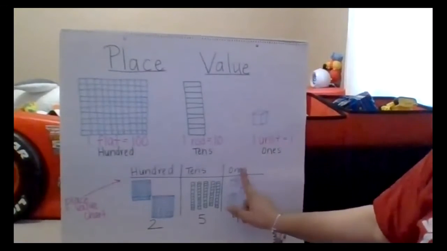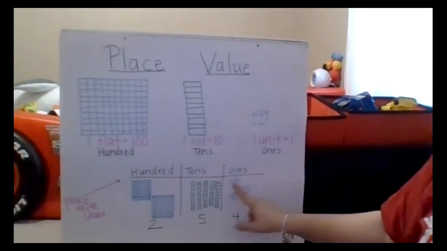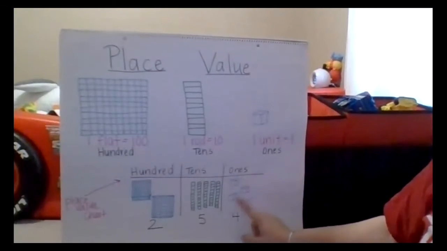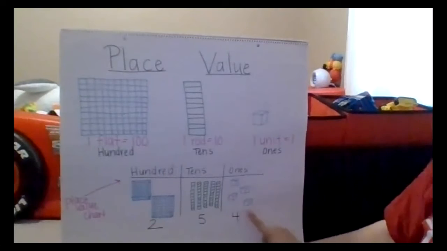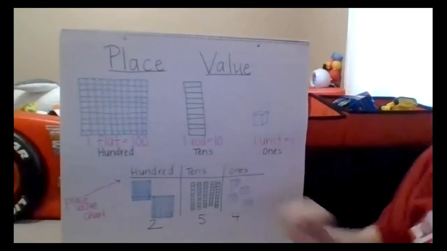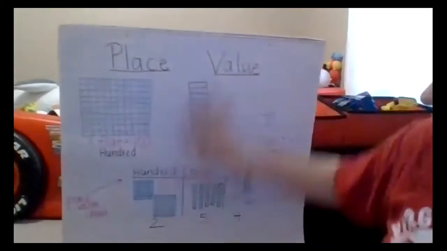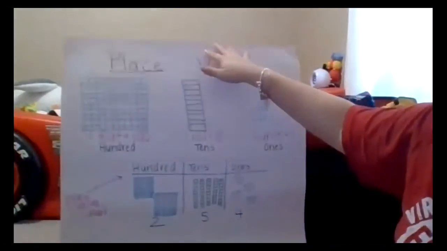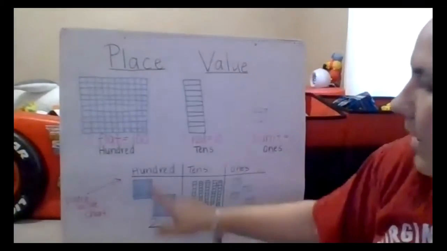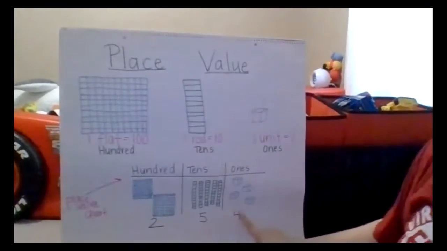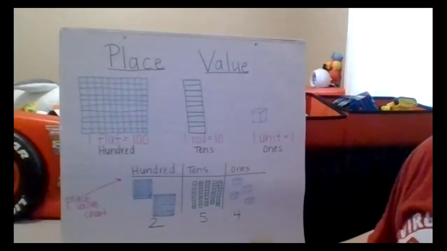And our ones, let's touch and count together. Ready? 1, 2, 3, 4. So you have the number 4 here at the bottom. So when we put all of that together, the whole number together, it says I have 200. Sorry guys, 200. And then I read these together, 54.